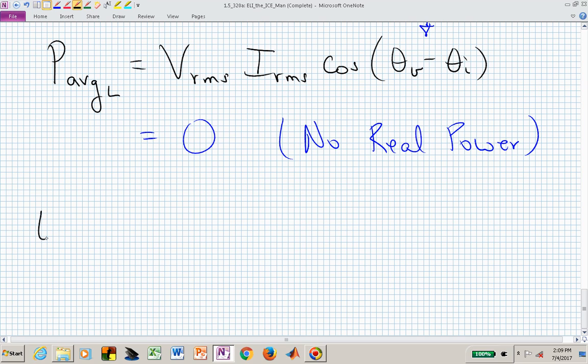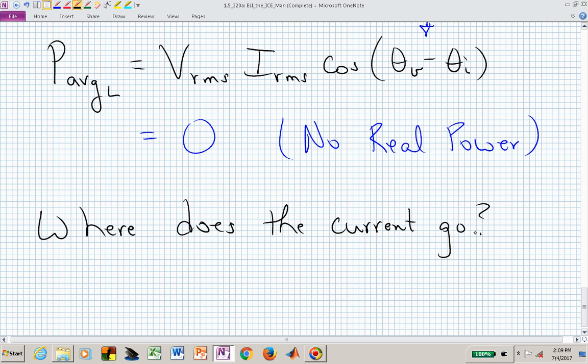Let's go back to a little bit more detailed information, the instantaneous power formula, to see if we can figure out what's going on. There's current flowing, there's voltage across that inductor. Where does the power go?